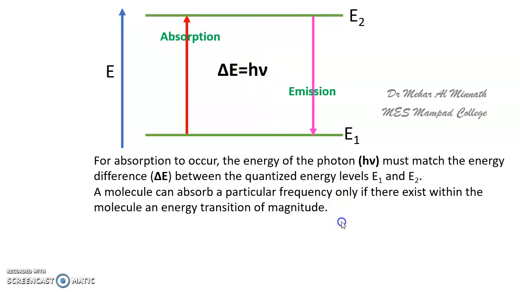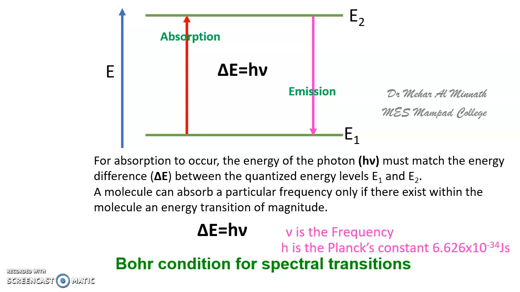This is called the Bohr condition for spectral transition. The Bohr condition for spectral transition is that if the molecule is to absorb radiation of a particular frequency or wavelength, the energy difference of the transition must be quantized and must be equal to h nu.